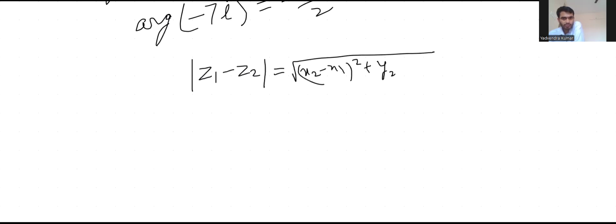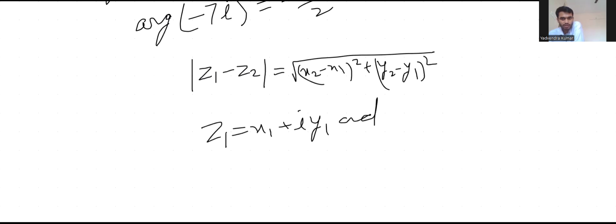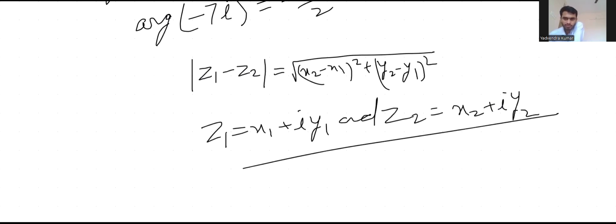And if you calculate this, it will come as the square root of x2 minus x1 whole square plus y2 minus y1 whole square, where Z1 is given as x1 plus iota y1 and Z2 is given as x2 plus iota y2. These are small things I have not mentioned initially. This is a simple observation anybody can do.